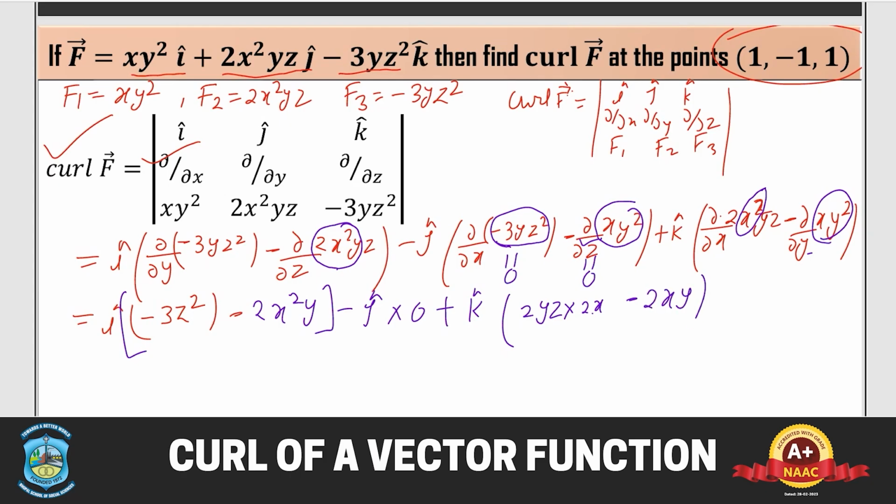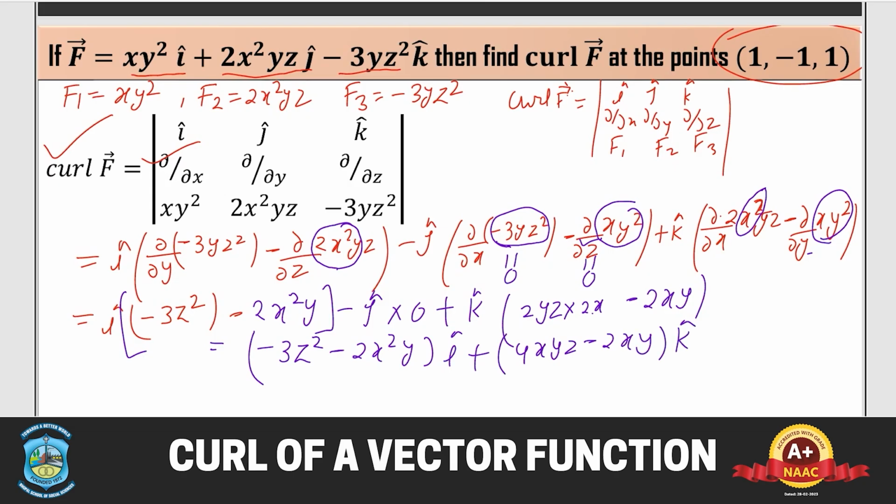On solving this, we will get minus 3 z square minus 2 x square y of i cap, 0 j cap is 0, plus 4 x y z minus 2 x y k cap.